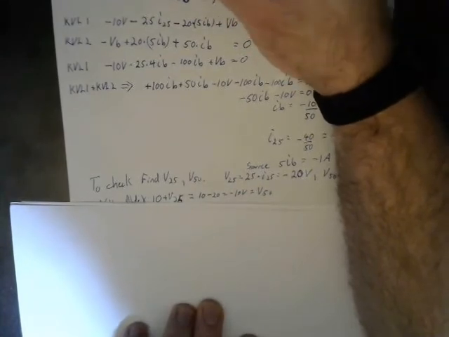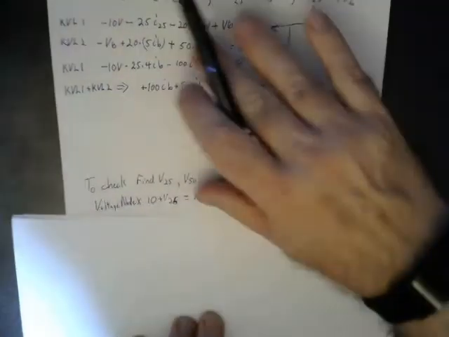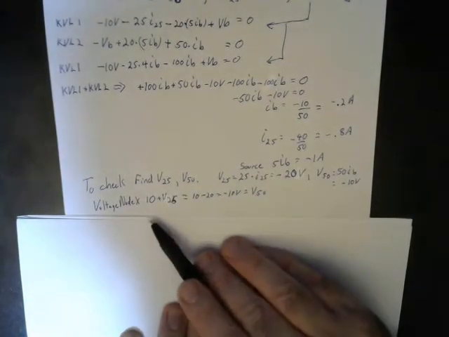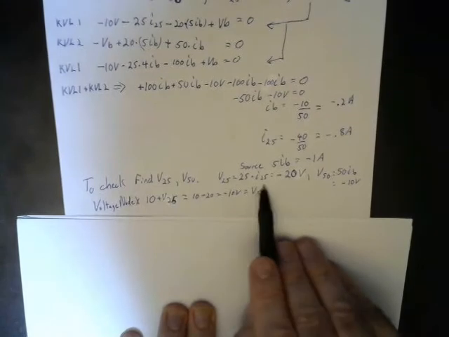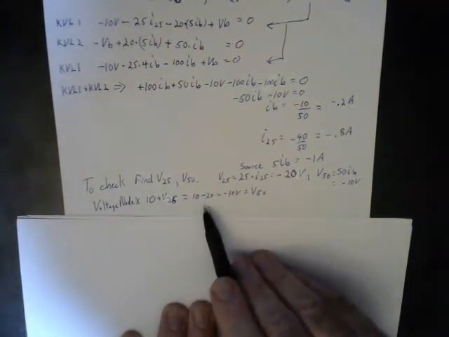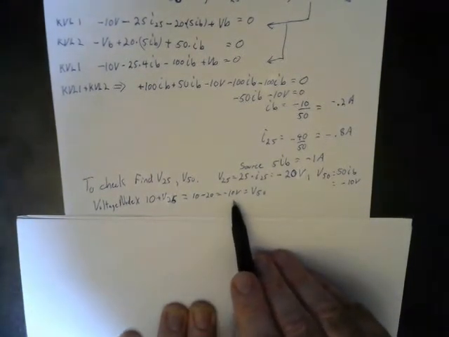Because they're both in the same direction, so they're added. So 10 plus V25, V25, I solved for right here. It's 25 ohms times I25, so it's negative 20 volts. So 10 plus negative 20 is negative 10 volts.